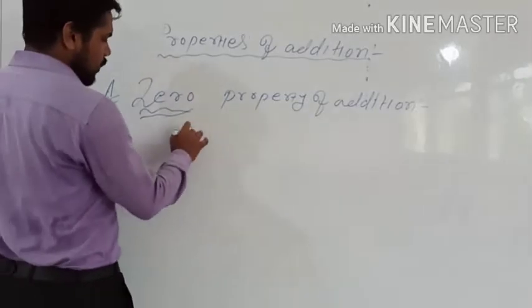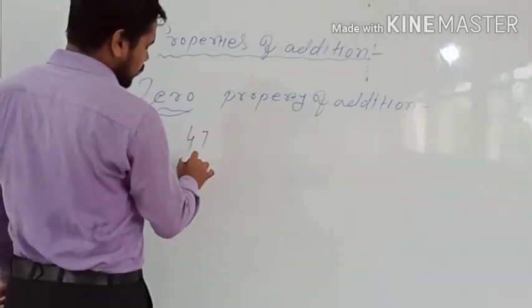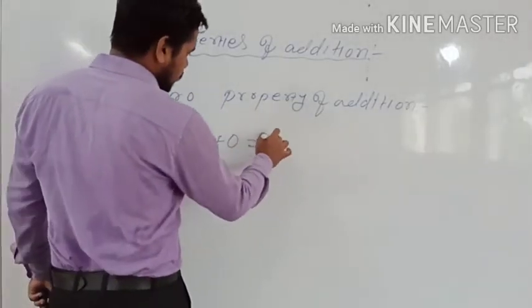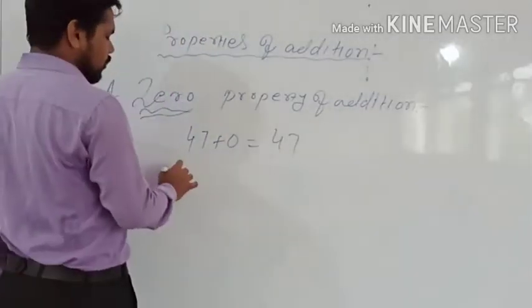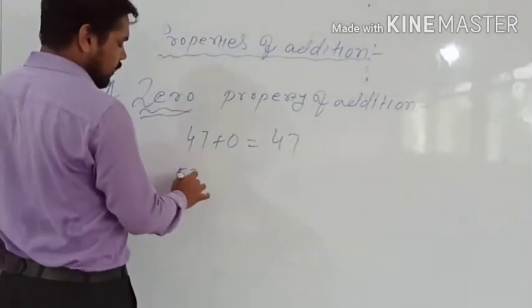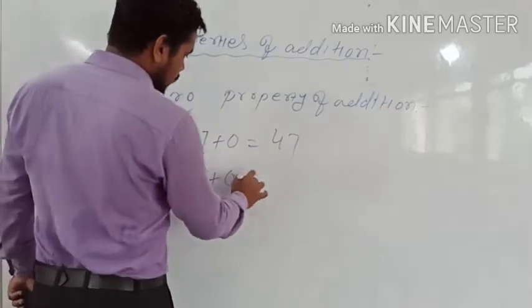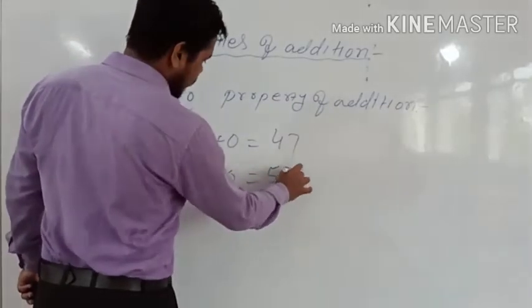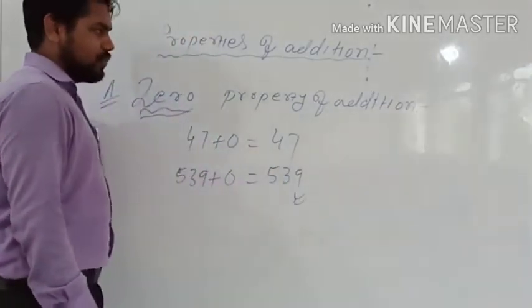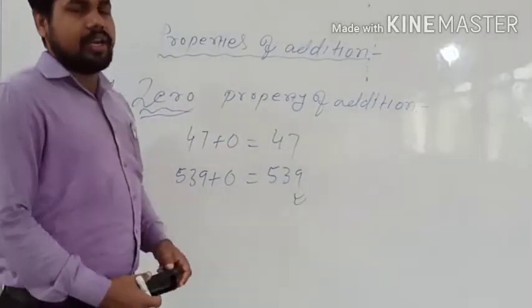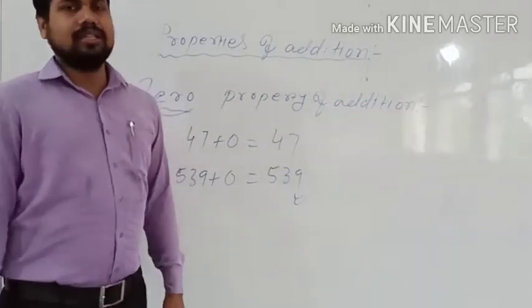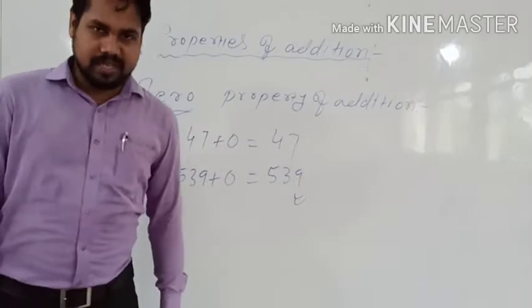So for example, you are adding 47 plus 0, so answer will be 47 only. If you are adding 539 plus 0, answer will be 539 only. So if you add 0 with any number or any number with 0, then the sum will be the number itself.